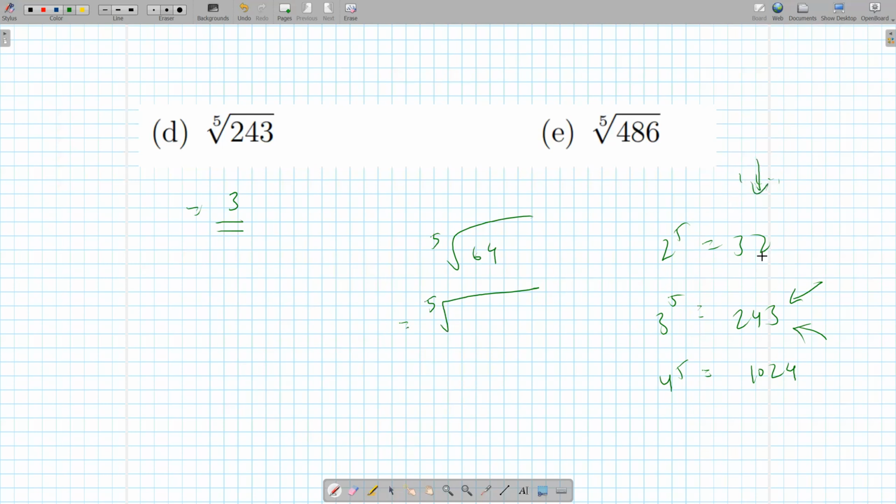Look at this, this is our list, right? 32, 243. 64, we can write this as 32 times 2, okay? What's the fifth root of 32? 2. What are we left with? Fifth root of 2, and there we go, that's the answer.